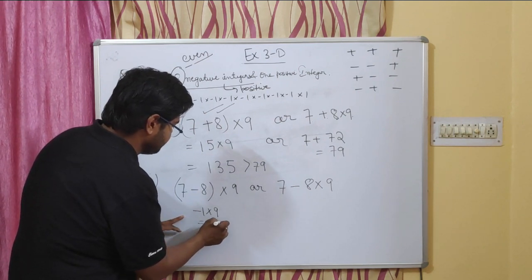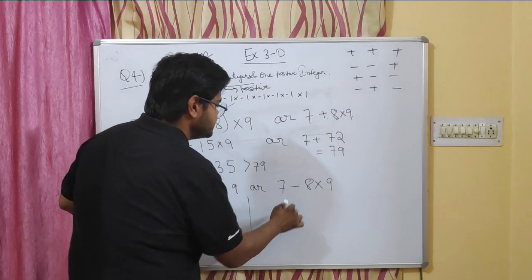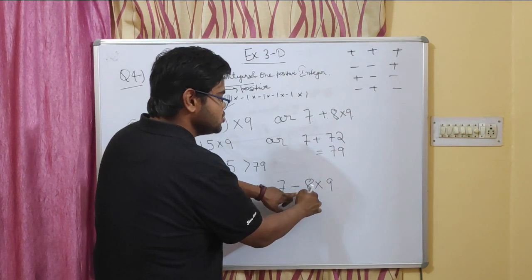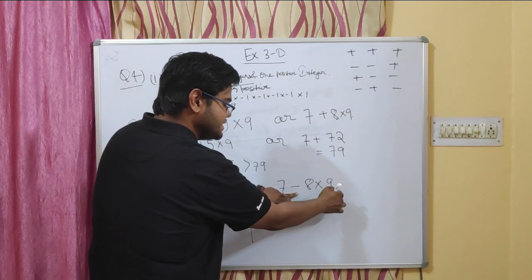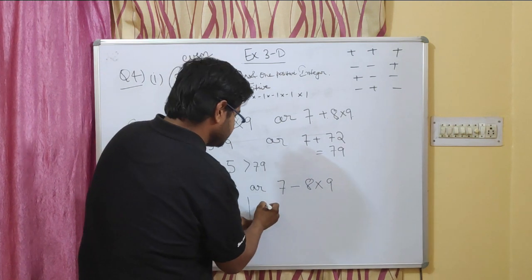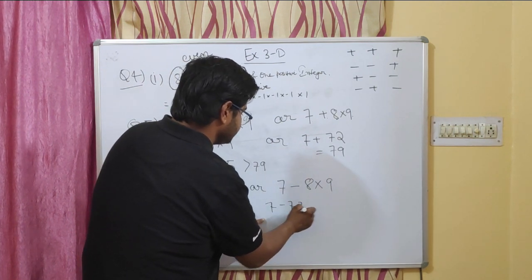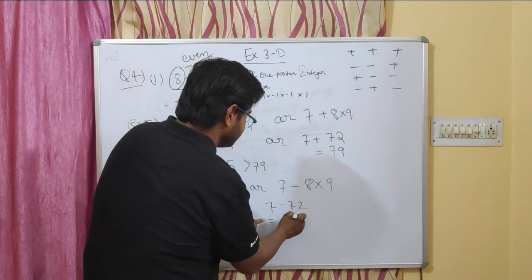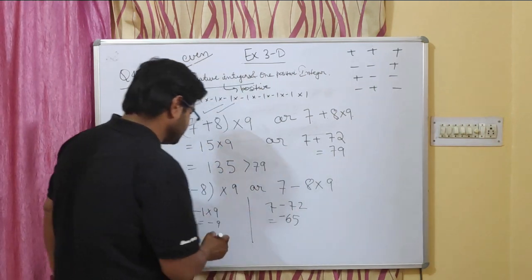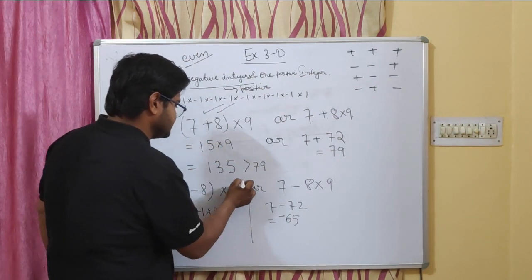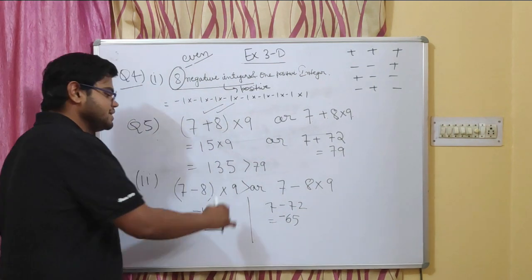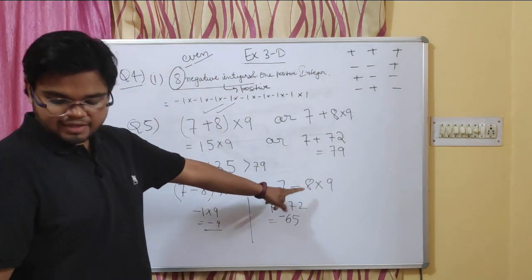So it will be minus 9. And here 7 minus, then you have 8 into 9. So 8 into 9 is 72. So 7 minus 72, it will be 65 with a negative sign. So this is greater than this. So 7 minus 8 into 9 is greater than this.